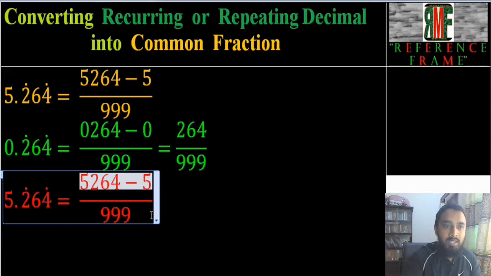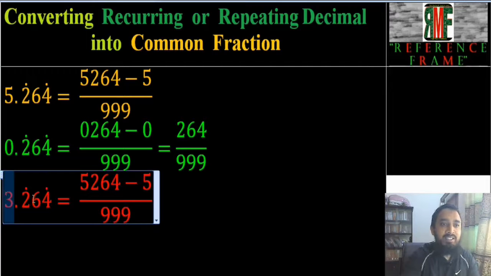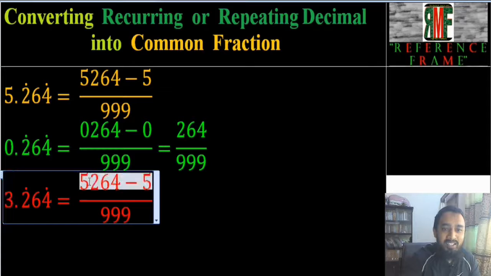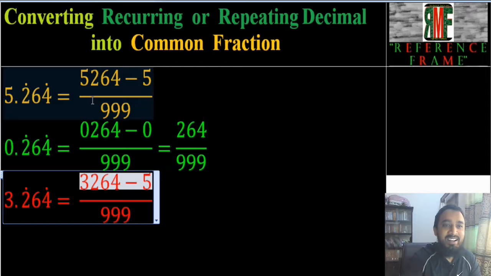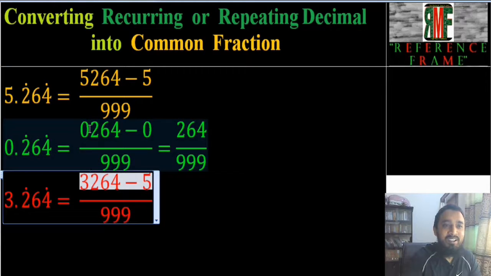Now if I write down here just 3, what is the digit before the decimal? The digit before the decimal is 3. So what will be placed here? That will be replaced by 3, as I said earlier that 0 replaced 0.